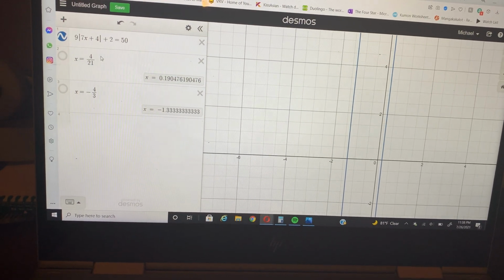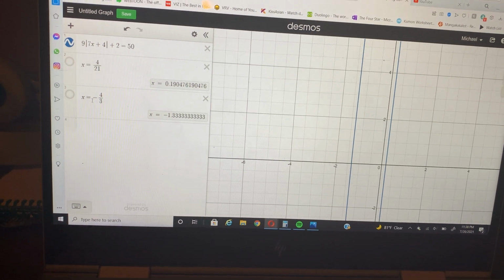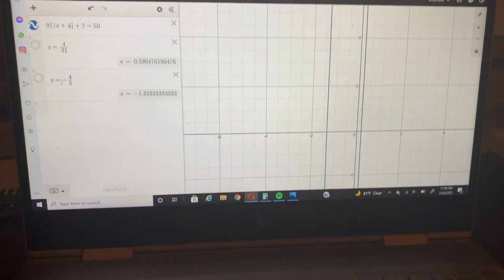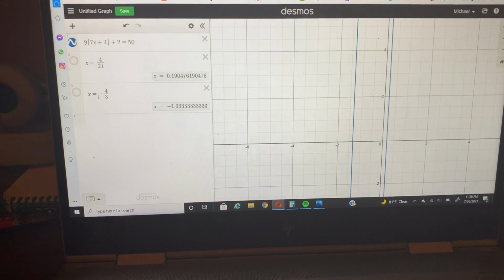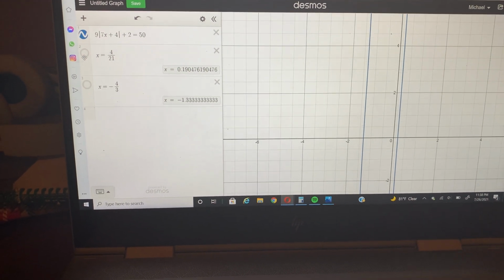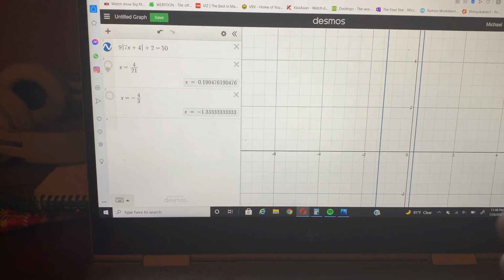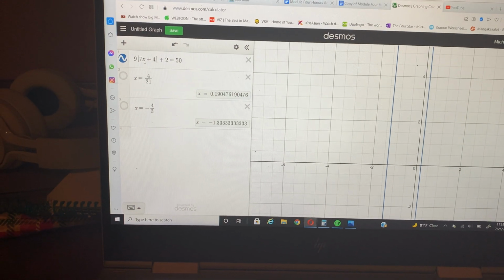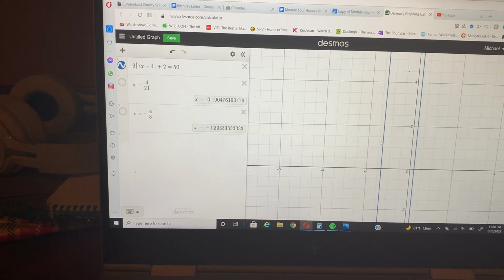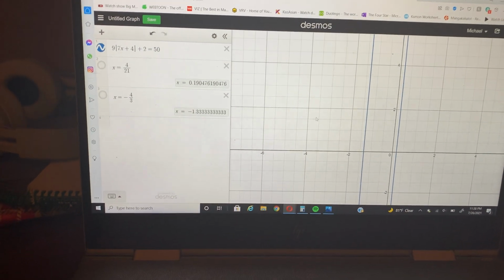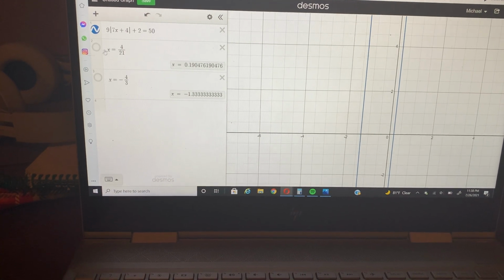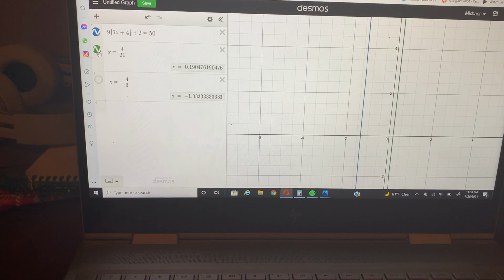Now I've put the two x values in here. And what should happen is that I've disabled the color, so when I put back the color, it should be directly on top of the blue lines, which will signal that it is equal. So let's start with the positive solution.